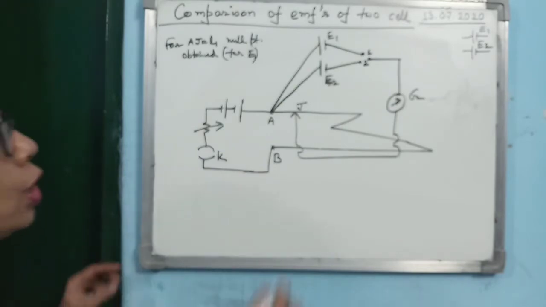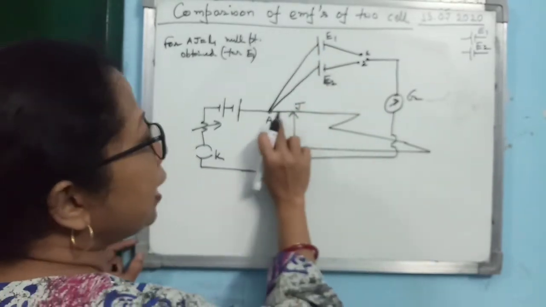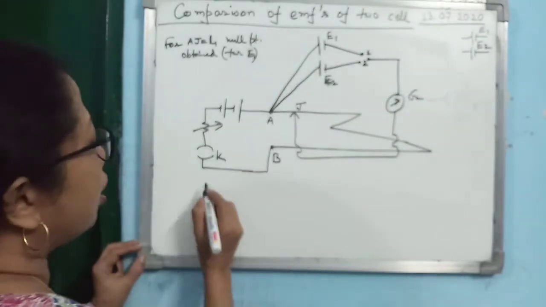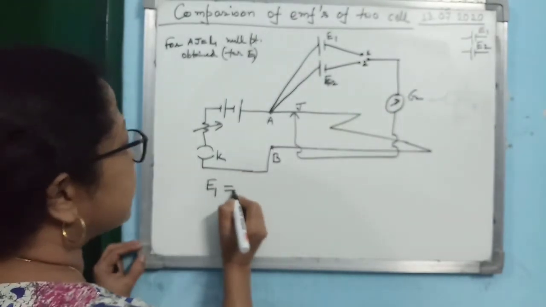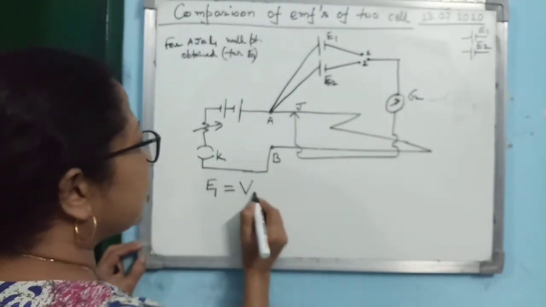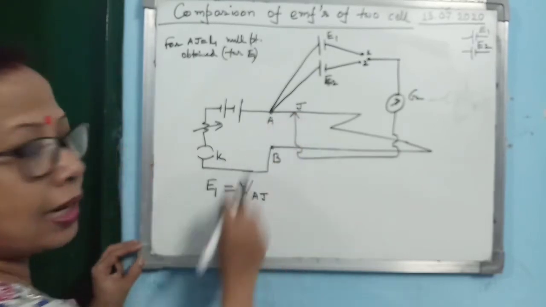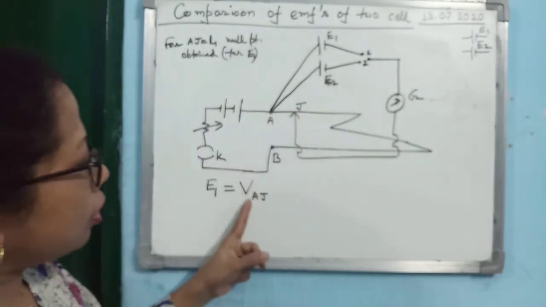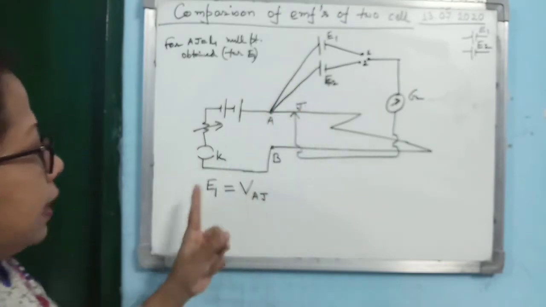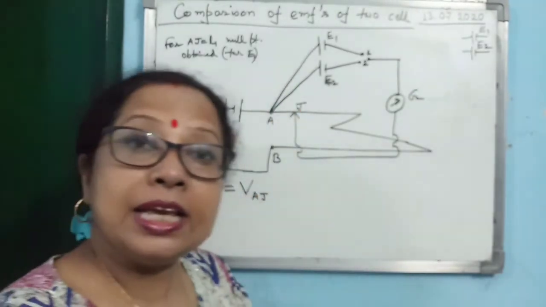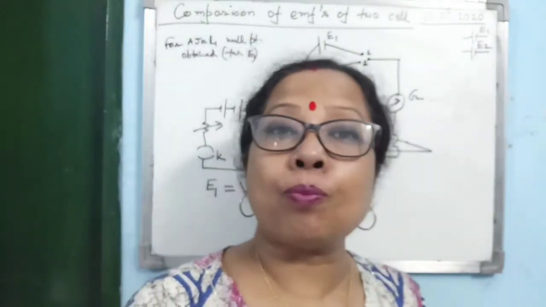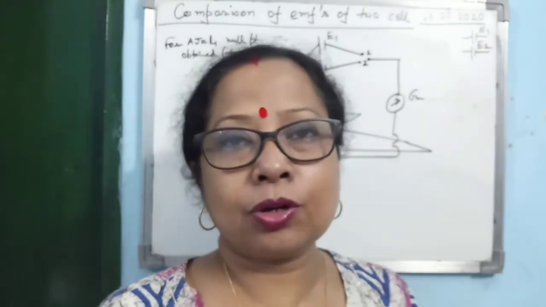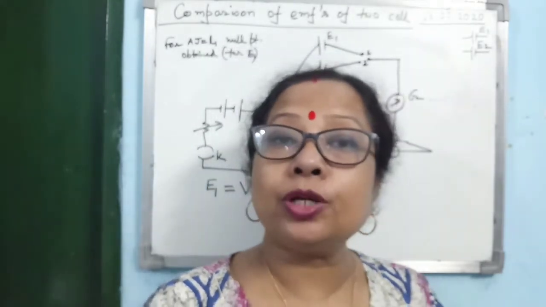Is that clear? So why have you obtained the null point here? Because the EMF of the cell and the potential drop across AJ are equal in magnitude and opposite in direction. Only then will the null point be obtained.